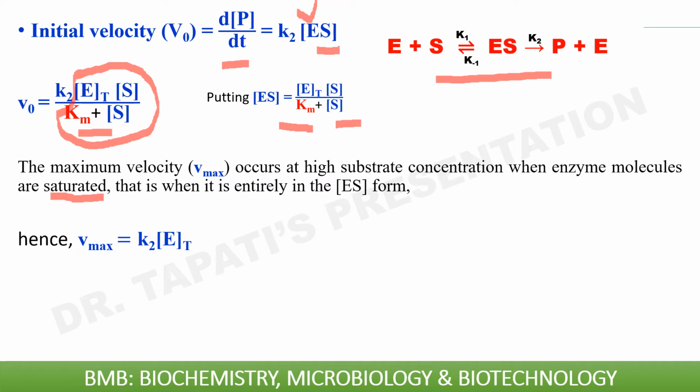Therefore, Vmax is equal to K2 into ET, where ET is the total enzyme concentration. So, we put Vmax equal to K2 ET.